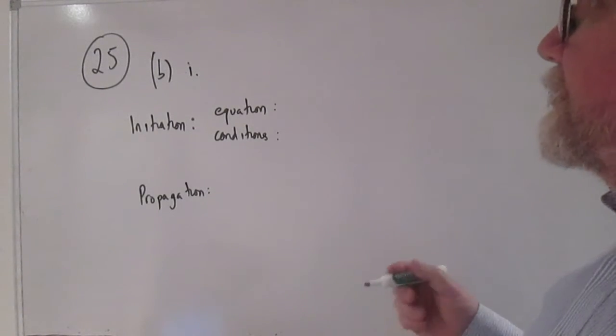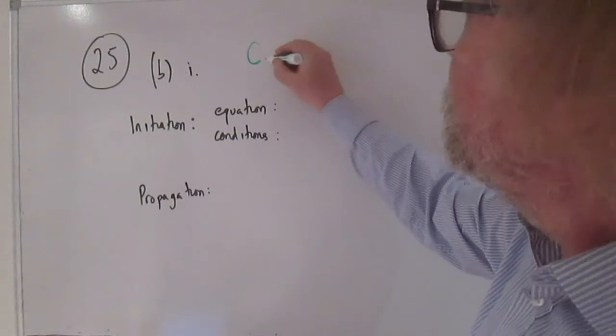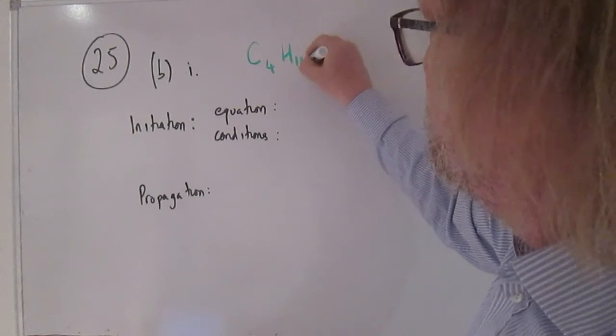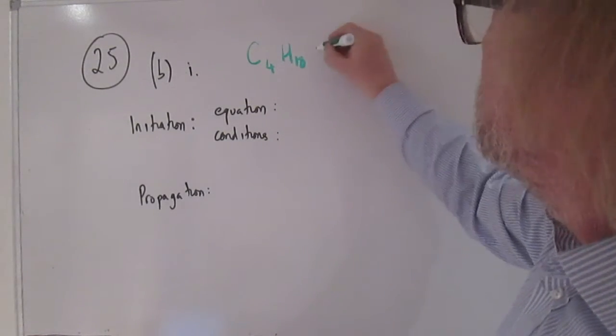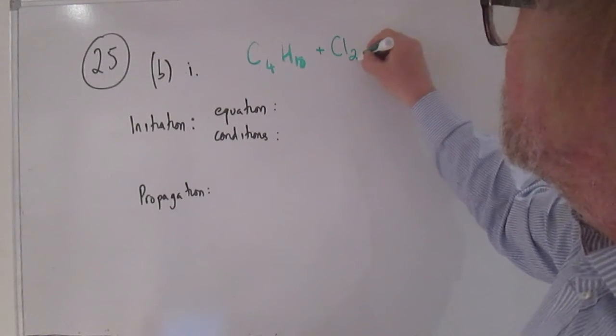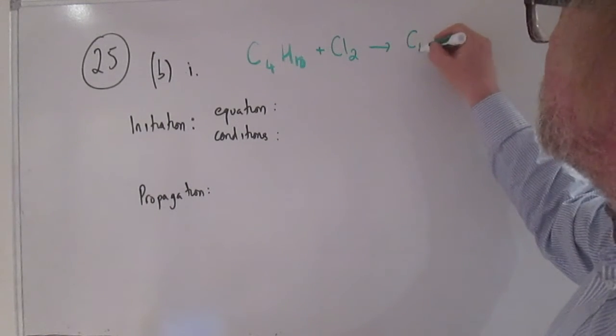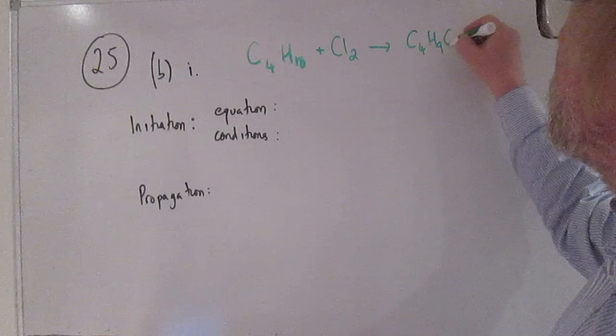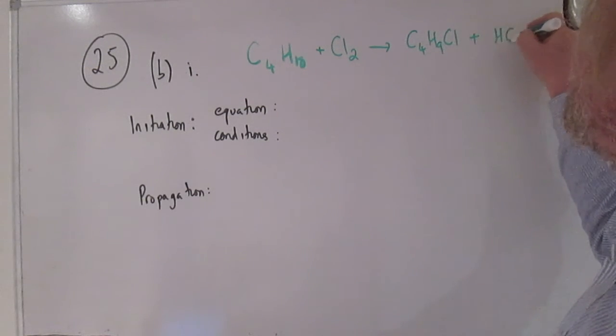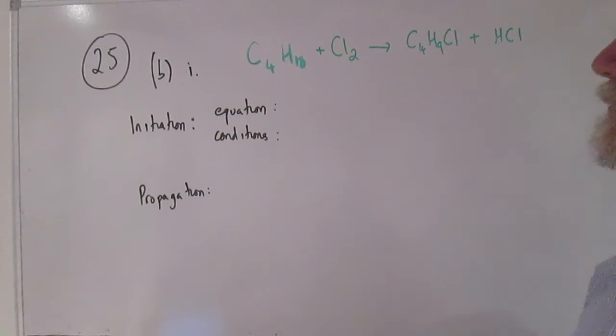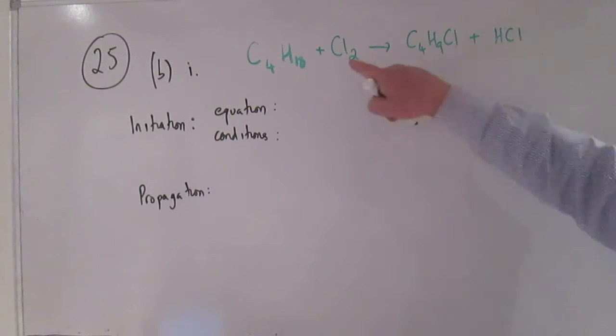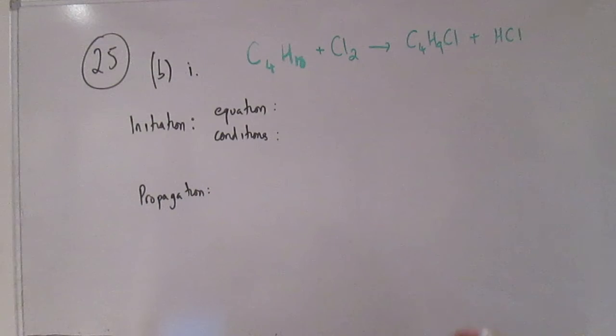Part B then is about the radical substitution of C4H10 when that reacts with chlorine. So this would be the overall reaction, substituting in 1 chlorine and forming HCl. But it's asking here for these steps in the mechanism. So the initiation step, remember, is just about breaking the chlorine molecule open.